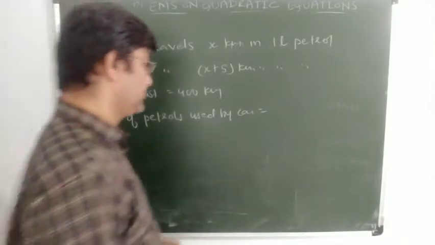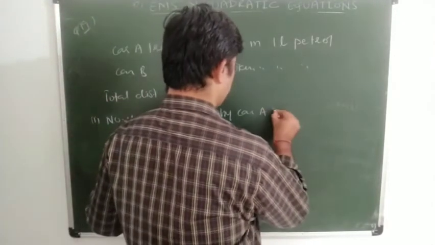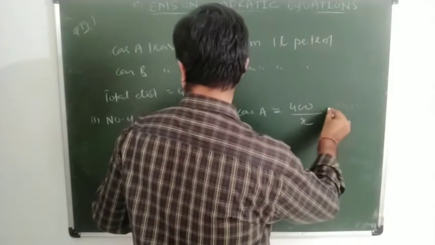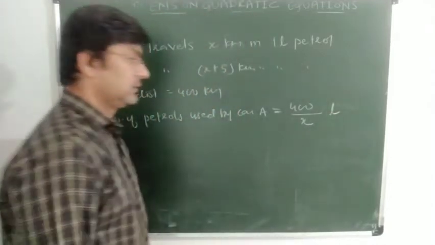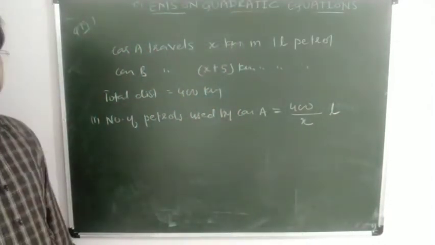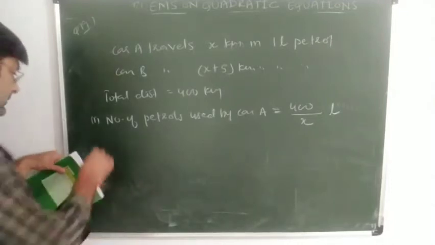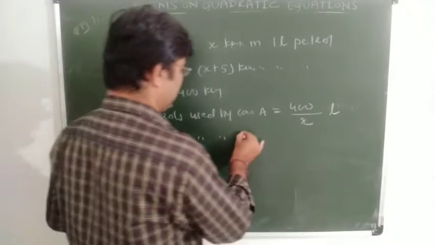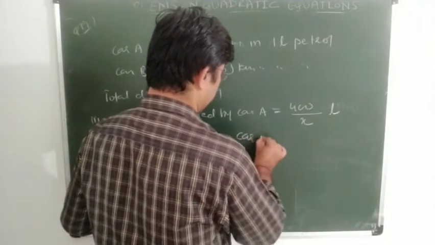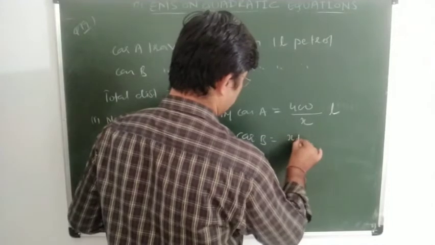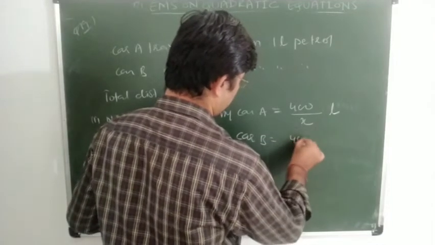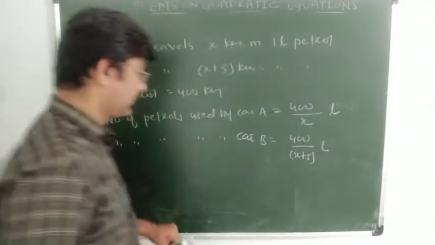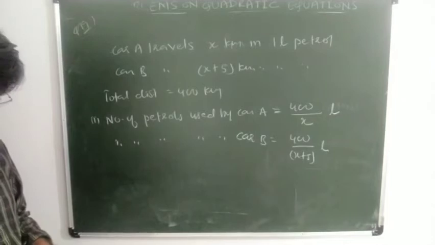So number of petrol used by car A, total distance is 400, so total distance upon average, 400 upon x liters. And number of petrol used by car B will be 400 upon x plus 5 liters. Okay, so this is answer number 1.